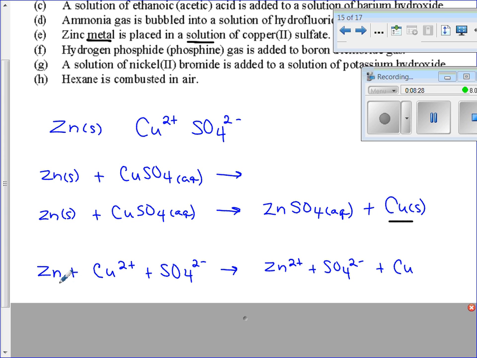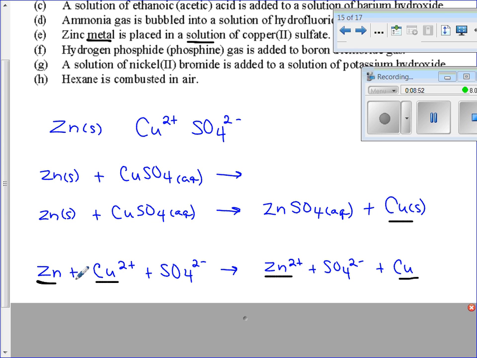So please be very careful. Zinc metal and zinc ions are not the same. Neither are copper ions and copper metal. So zinc metal would be solid metal atoms, whereas the zinc ion is a positive 2 ion surrounded by water molecules, hydrated by water molecules. So they're not the same.